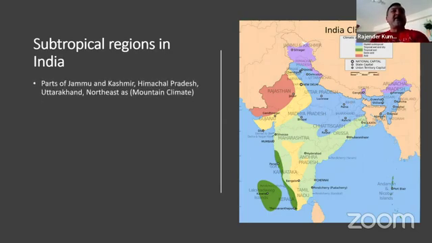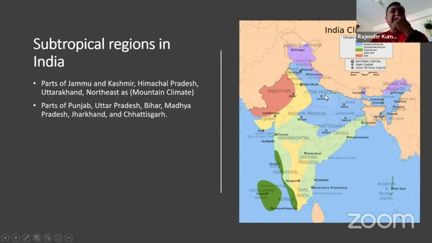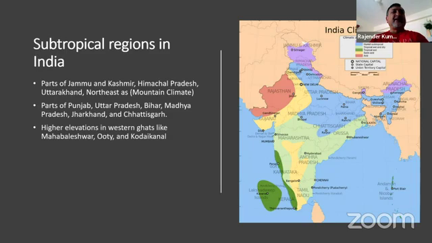You can see part of Jammu Kashmir, Himachal, Uttarakhand, and the northeast, which we call mountain climate also. And then part of Punjab, Uttar Pradesh, Bihar, Madhya Pradesh, Jharkhand, and Chhattisgarh also come under this.